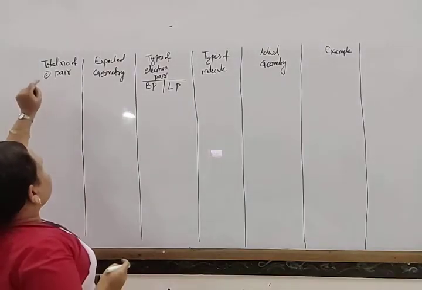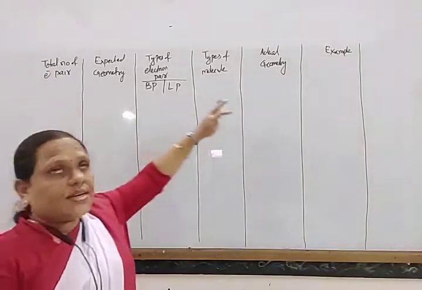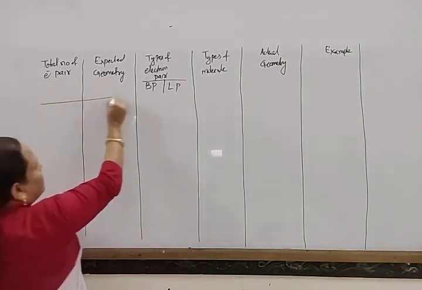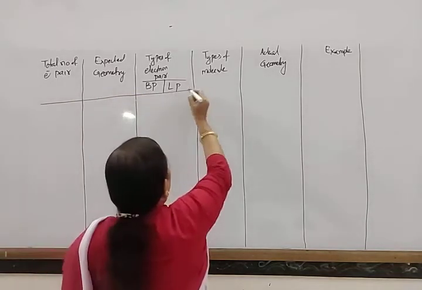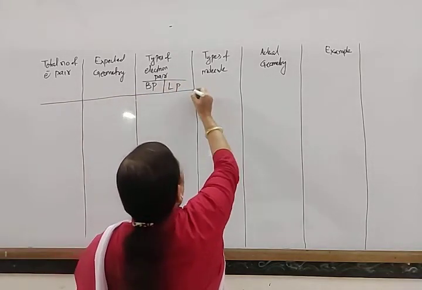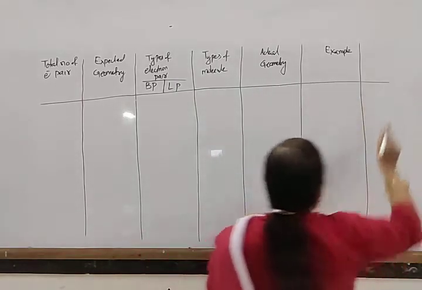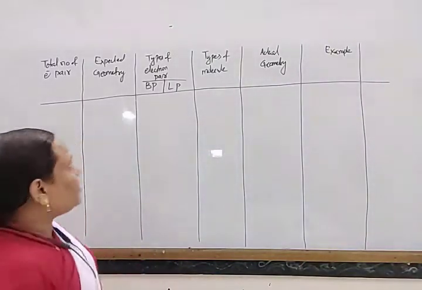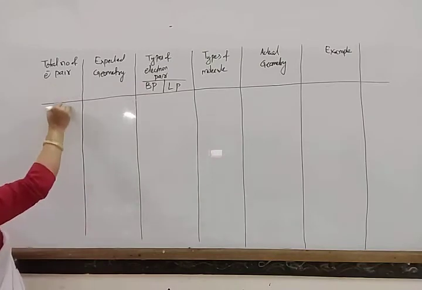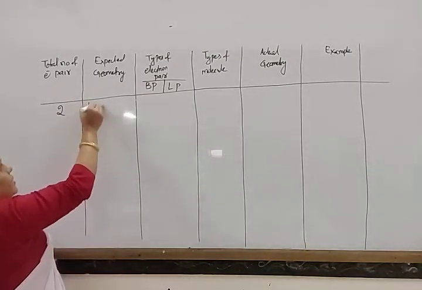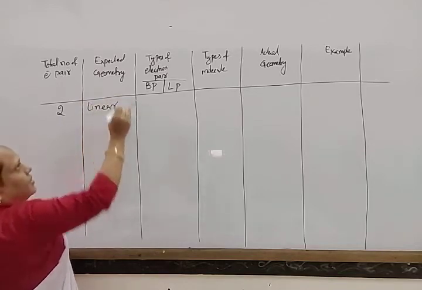Look here, this is the first chart. It lists the number of electron pairs, expected geometry, types of electron pair, type of molecule, actual geometry, and example. If there are two electron pairs, the expected geometry is linear.